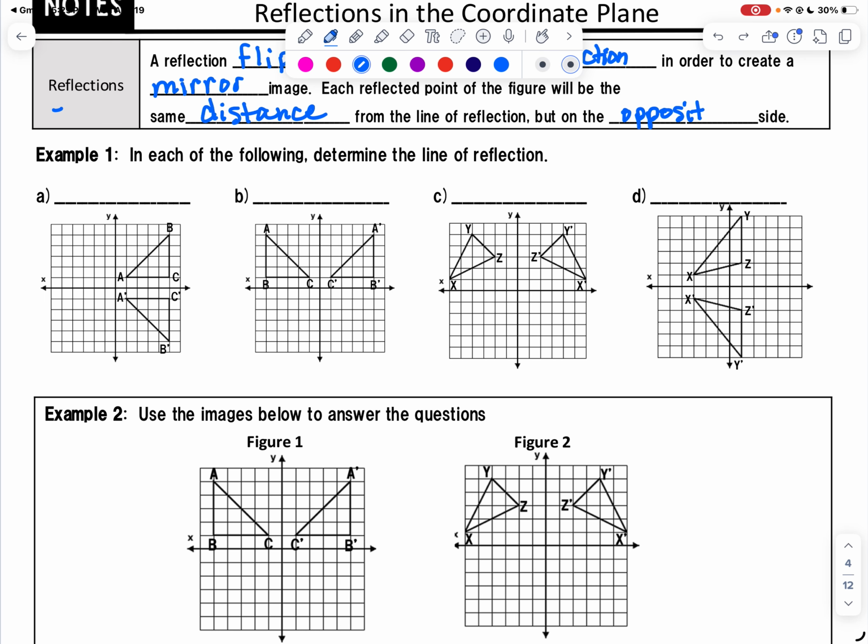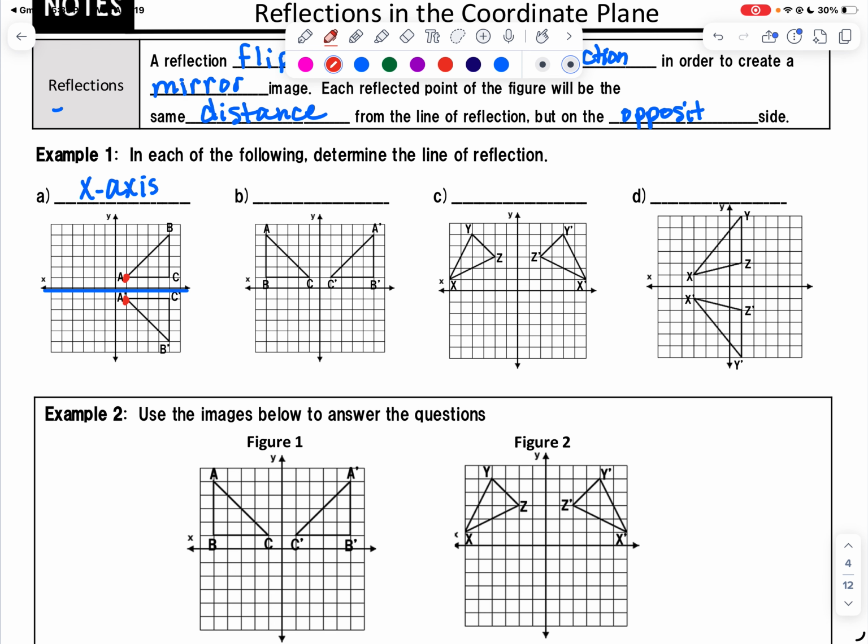So in problem A, we have triangle ABC, and it's been flipped over this line here, which is said to be our x-axis. Now, what I want you to notice on an x-axis reflection is look at point A. Notice it's 1 point above the x-axis.